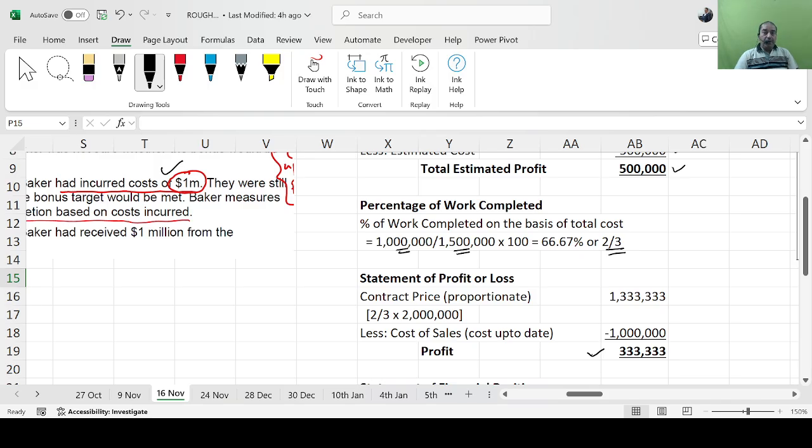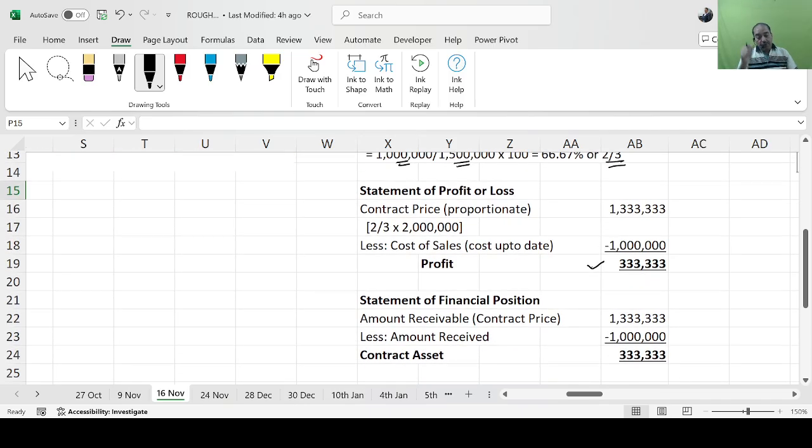Step 4 is what to show in the balance sheet, statement of financial position. In the statement of financial position, I will show what is the amount receivable. Amount receivable is the proportionate of revenue recognized in the P&L account. You can see this figure, the same figure I brought down here. $1,333,333.